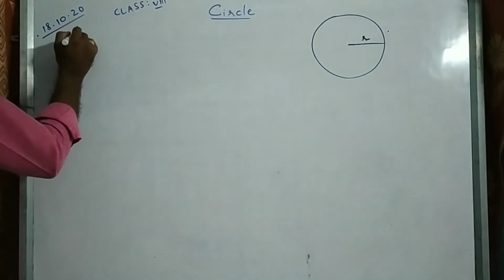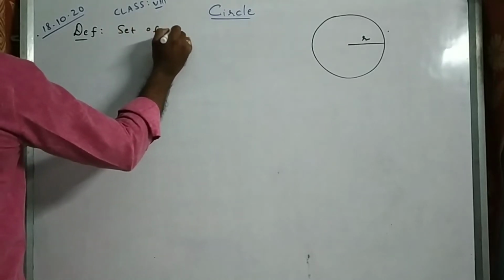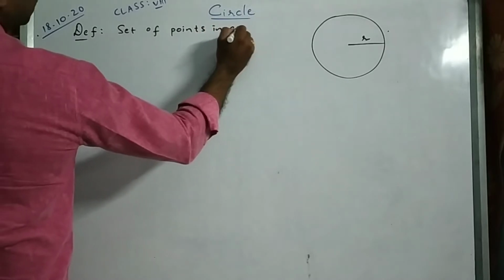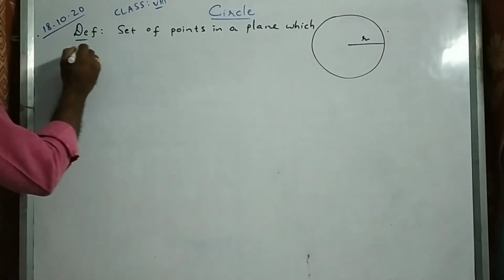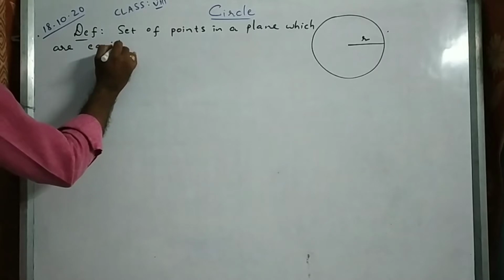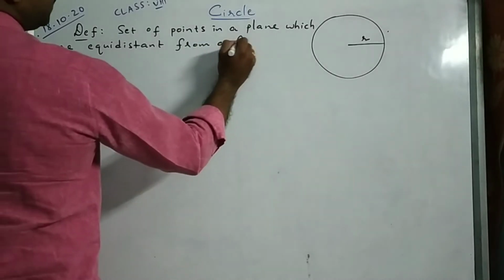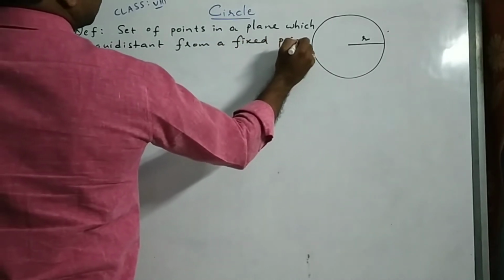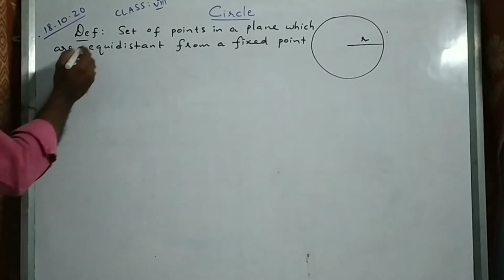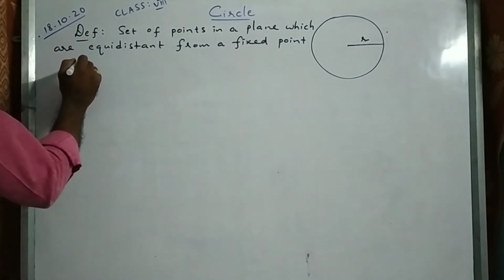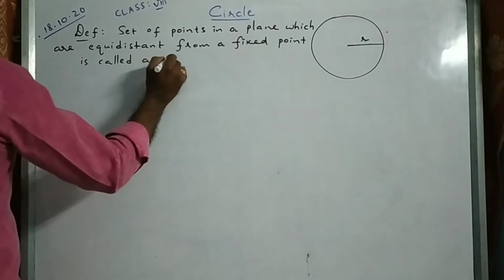I will write the definition here. Definition: set of points in a plane which are equidistant from a fixed point is called a circle.